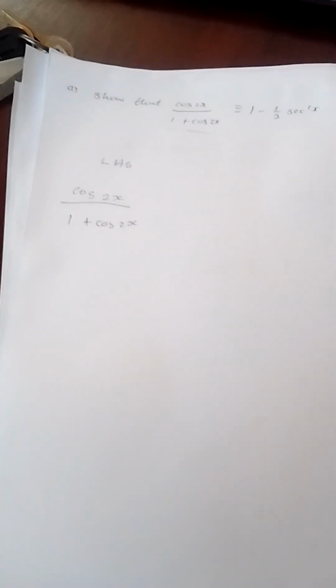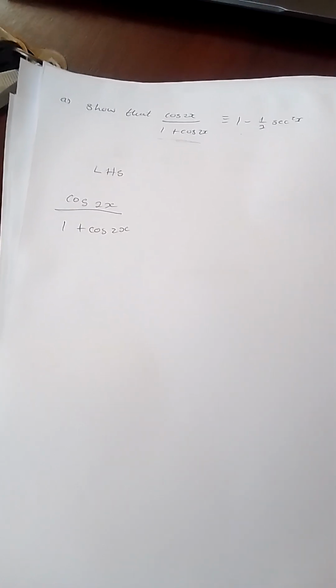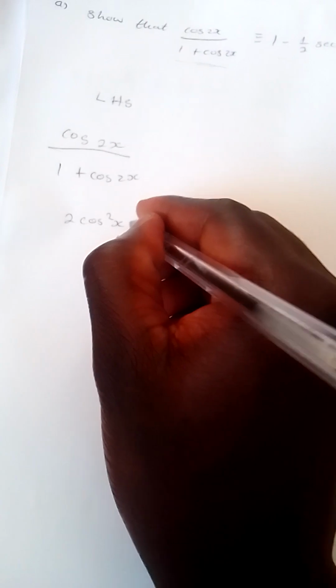If some of us are not aware of this, you can also watch my other video, where I elaborated more on how to derive this type of formula. Now let's substitute the formula for this double angle of cos. Now we have 2 cos square x minus 1.